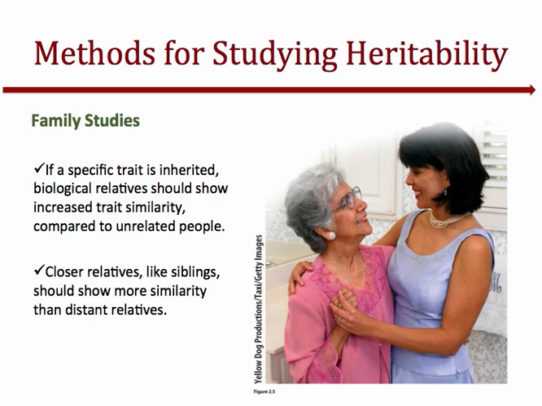There are also studies that are called family studies. Specifically, if a specific trait is inherited, then biological relatives should show increased trait similarity in comparison to unrelated people. So if you think about one of the first questions that you ever get asked when you go to see a doctor, you usually get asked something about your family history. The reason that your family history is important is because many diseases, in addition to many behaviors, are influenced by genetic traits.